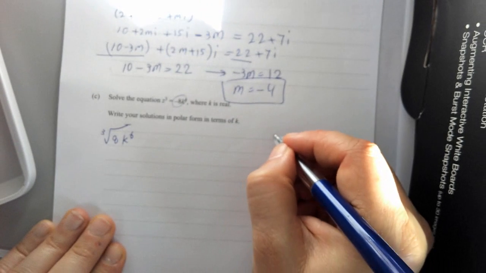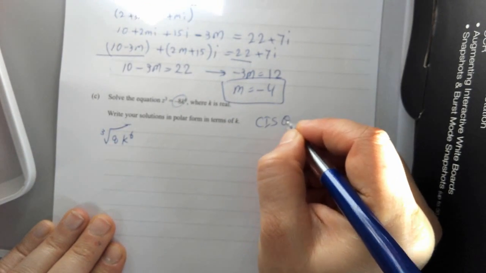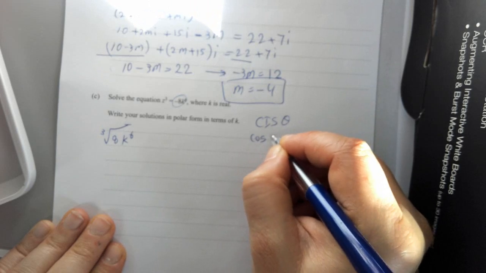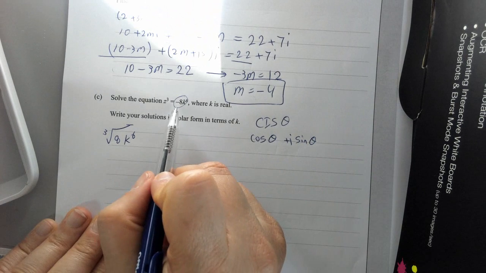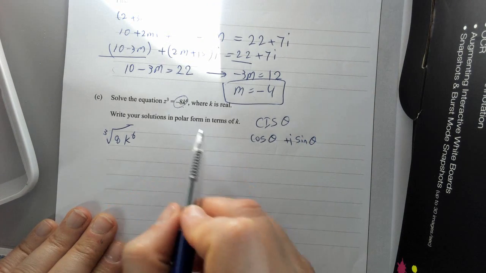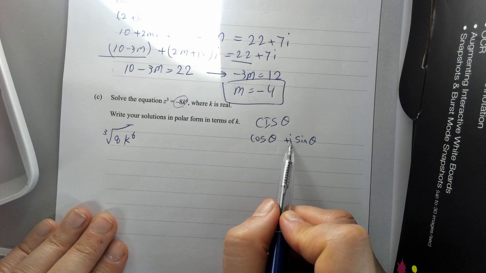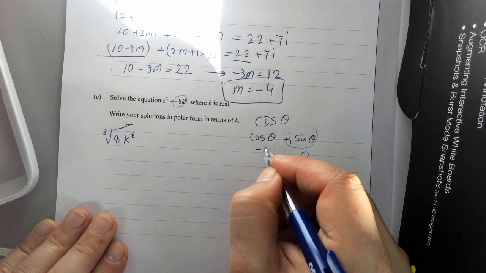I've got negative. Remember that when you're writing the cis theta, it means cos theta plus sine theta i. And because I don't have any value for the sine, I don't have any imaginary parts in here. It means that this bit here is 0, this bit here is negative 1.